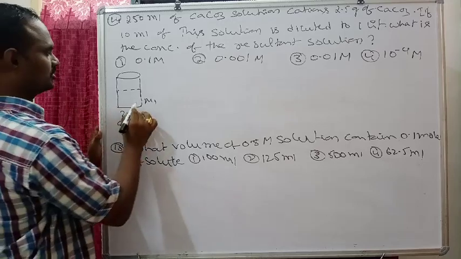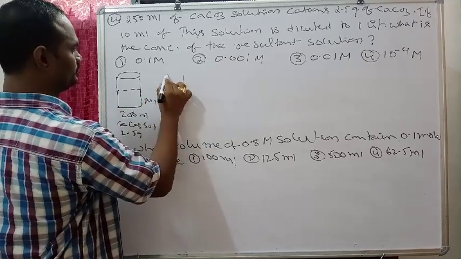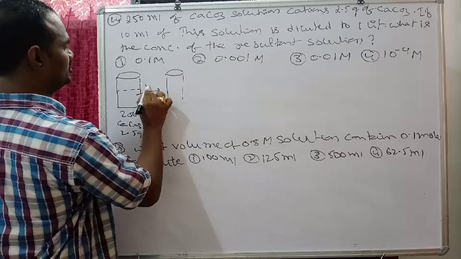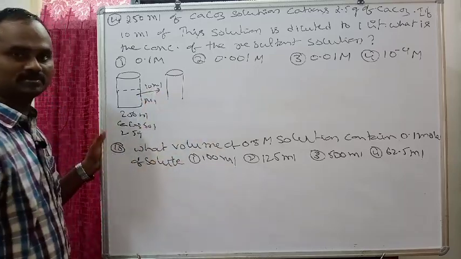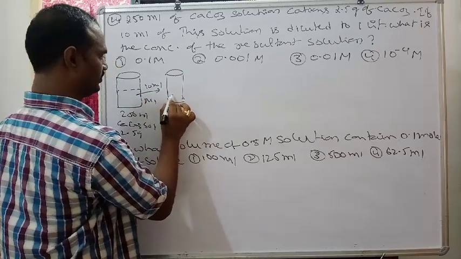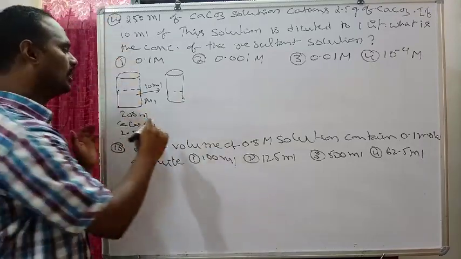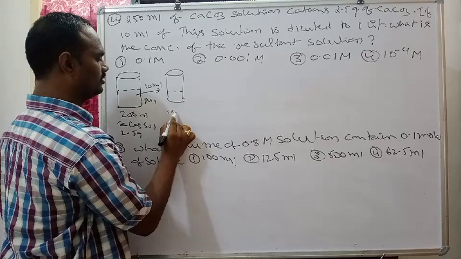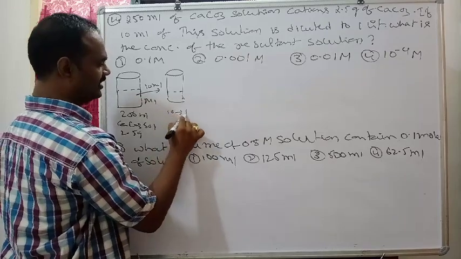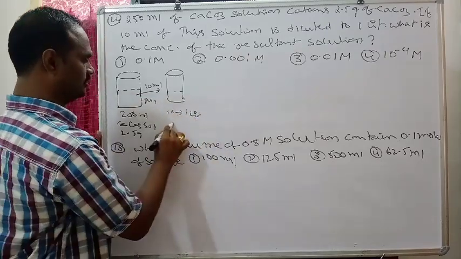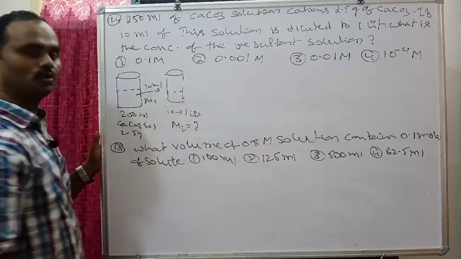In this solution, just 10 ml is transferred to this container. This 10 ml solution will be made up to 1 liter. After adding water, it turns into 1 liter of solution. Its concentration M2, what is it?